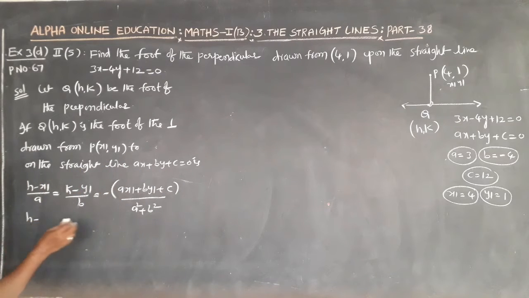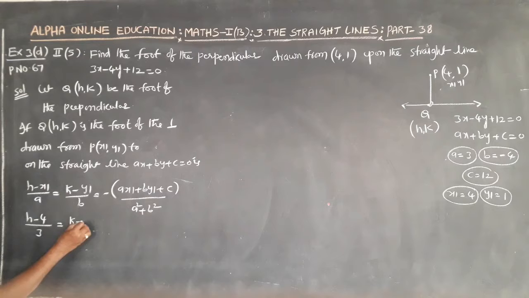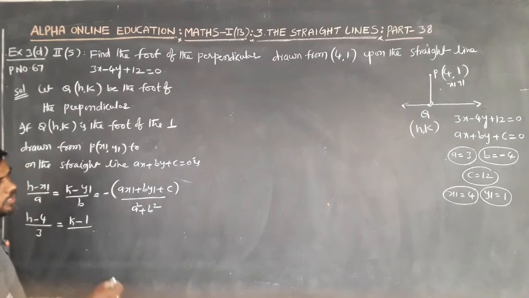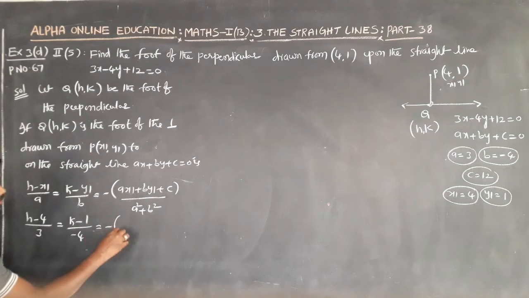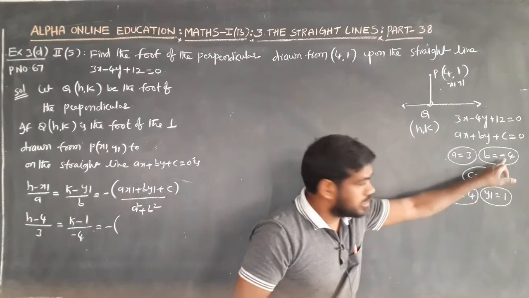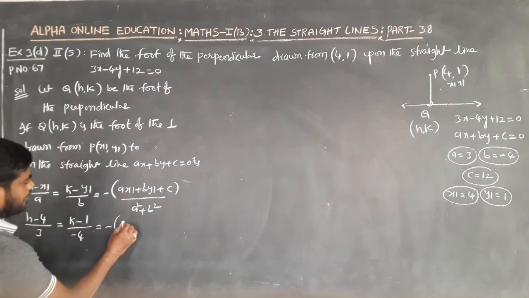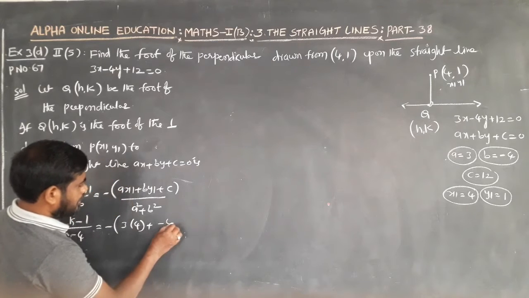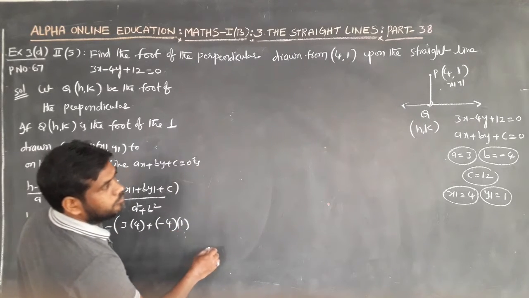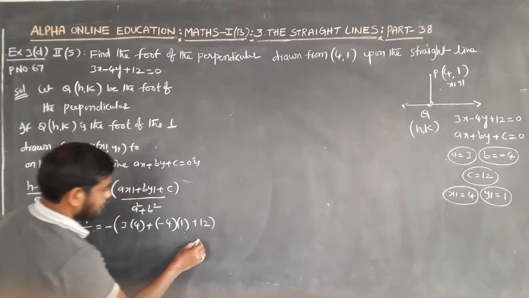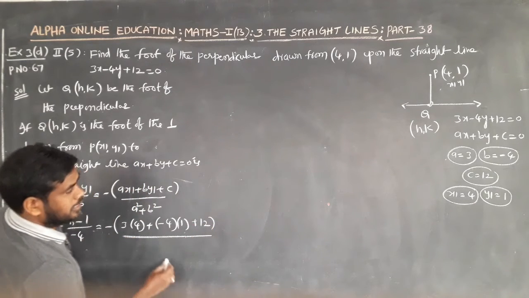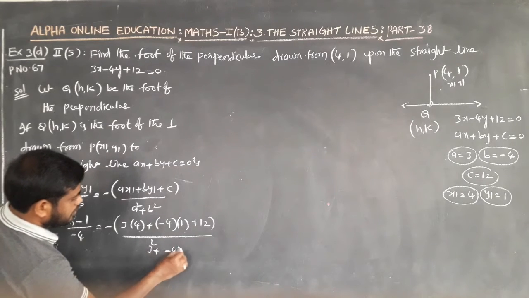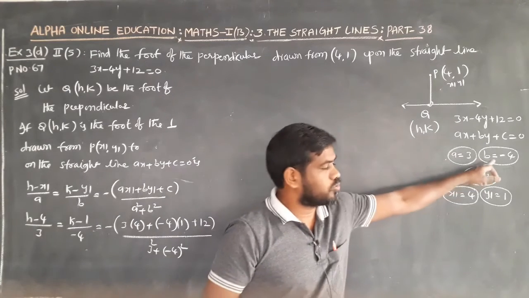So (h minus 4) by 3 is equal to (k minus 1) by minus 4 is equal to minus of (3 into 4 plus minus 4 into 1 plus 12) all divided by (3 square plus minus 4 whole square).